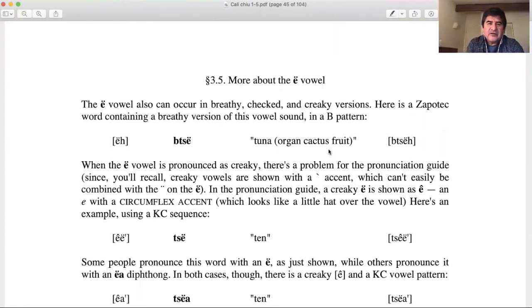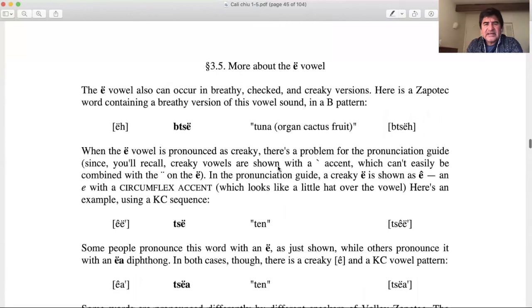The four vowel types that we talked about. So let's look at this one, which is the organ cactus fruit, which is called tsu, tsu. And then in the pronunciation guide, if you look right here, that's the E with two dots that is breathy. Tsu, tsu. I hope that you can hear the breathiness of it.